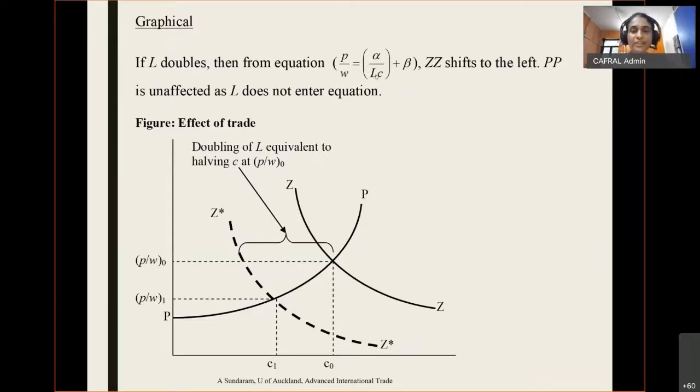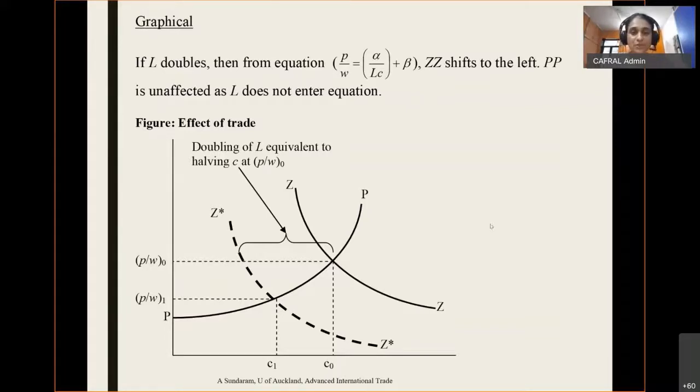So increasing L to 2L is the same as saying I am decreasing C to half of C. So 2L is the same thing as saying half C. And so that is going to change the ZZ curve, and it's going to shift the Z curve to Z star, because if L goes up in the denominator, you're going to see a leftward shift.